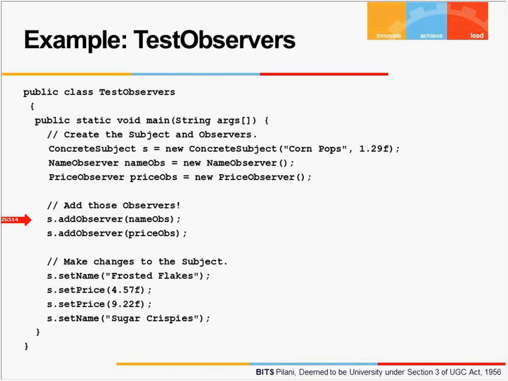Change and notify methods are very commonly used in the graphical user interface classes which are built into Java. So when there is a change in the value of a table, the values which are to be listed in various rows of a table, the table UI gets notified and it updates itself.